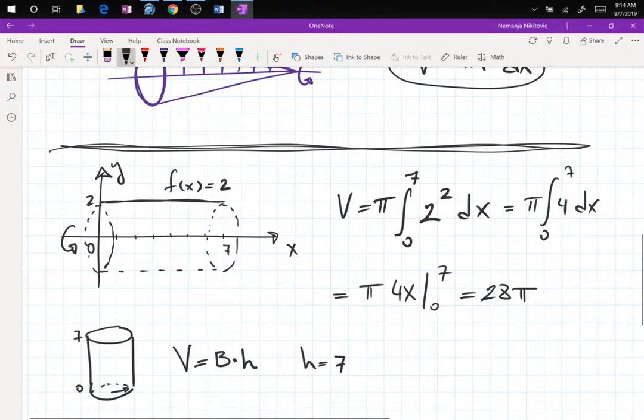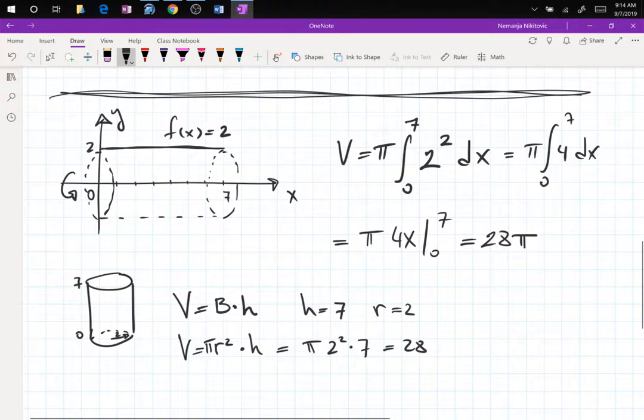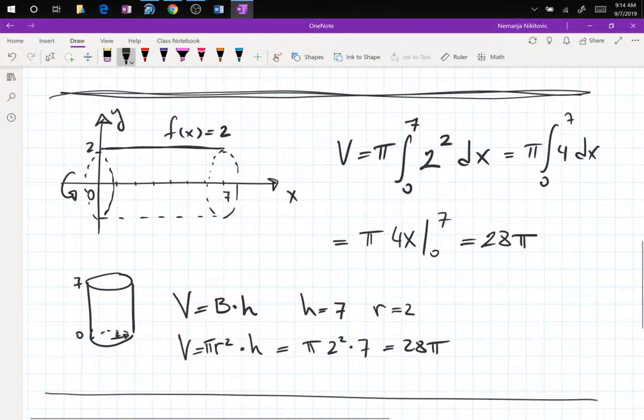You know that the radius is 2, so r equals 2. And then you just plug in: the volume is pi r squared times h. So that's pi times 2 squared times 7, which gives us 28 pi as our volume. So that was a very simple example, just to see the formula at work, very basic.